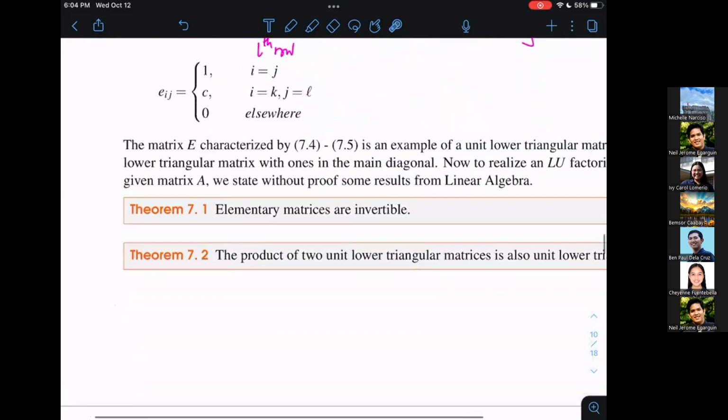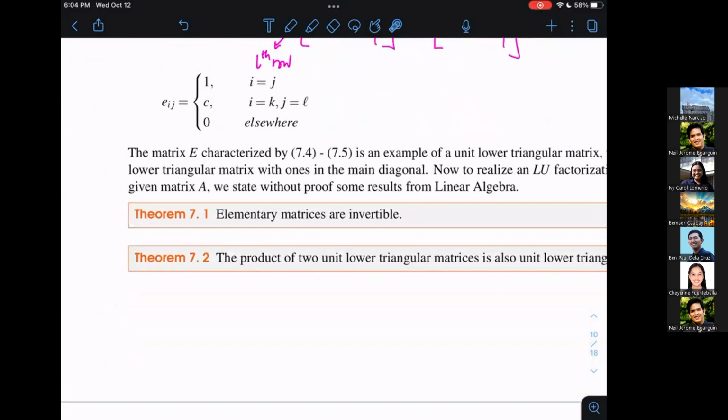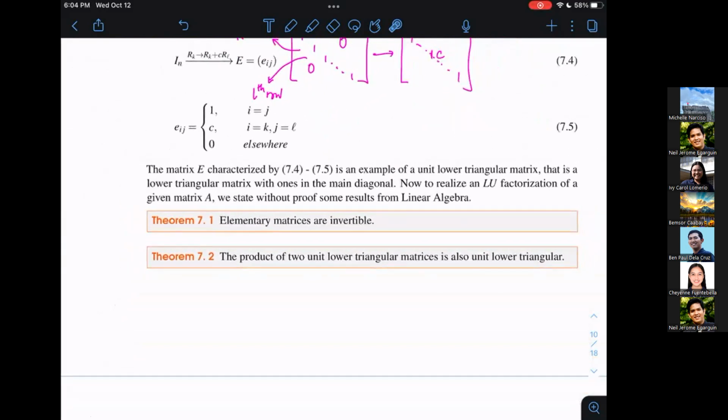So, with that said, kailangan natin mag-develop ng mas madaling paraan para makuha yung LU factorization. Actually, mamaya may bibigay pa akong shortcut. Pero tingnan muna natin kung nasa-satisfy ba yung mga pangarap ko kanina na properties para yung inverse ng product ng mga elementary matrices ay maging lower triangular.